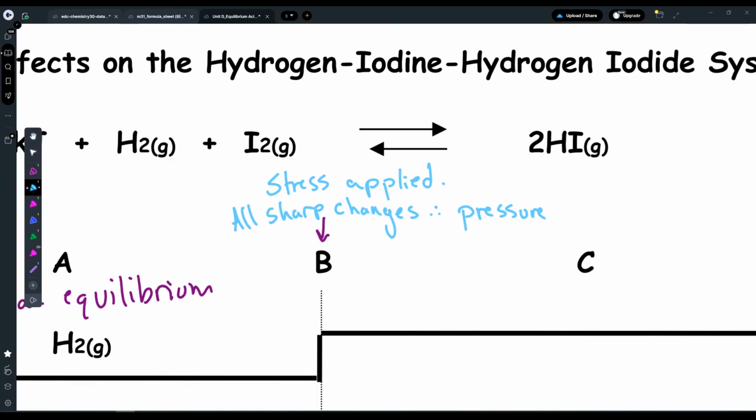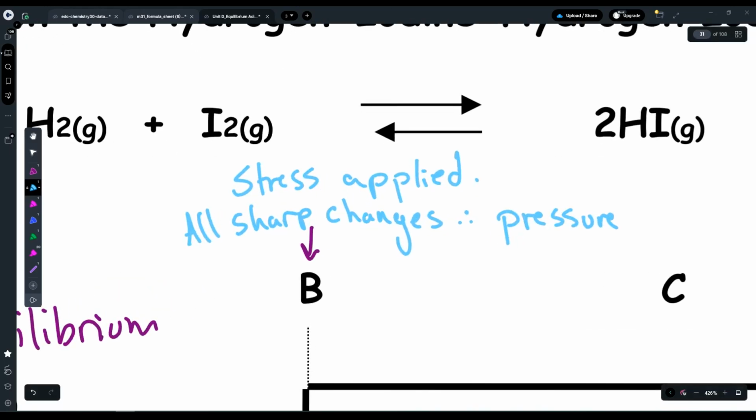Because all of the lines are sharp, that tells you that the change is pressure. And because they all go up, that tells you that pressure is increasing.